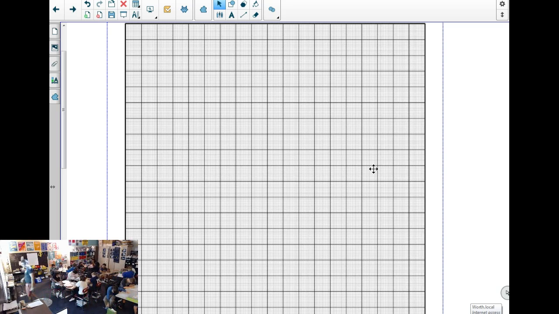And I shrunk it down, but this is my quote-unquote paper. I'm not even 20 boxes long. Right? I don't even have 20 boxes to work with.